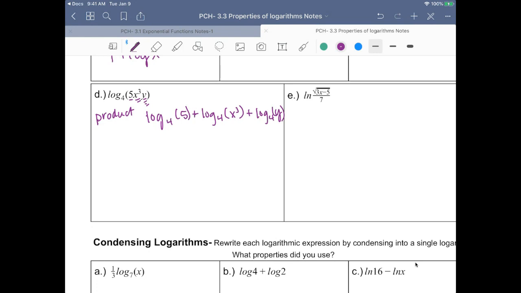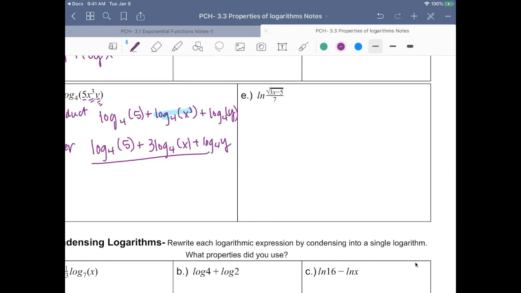And then I'm going to go ahead and use the power property. So I get log base 4 of 5, plus 3 times log base 4 of x plus log base 4 of y. And that's it.